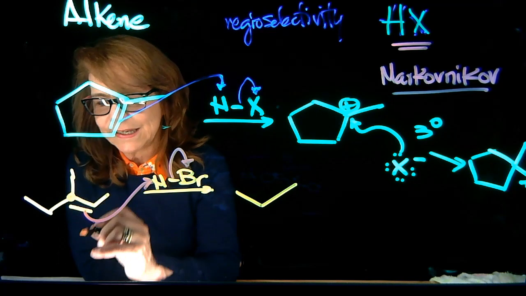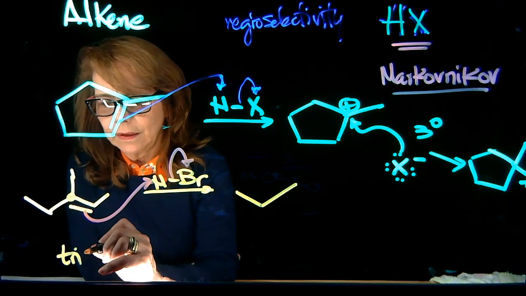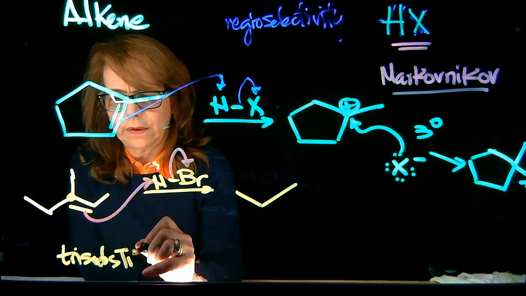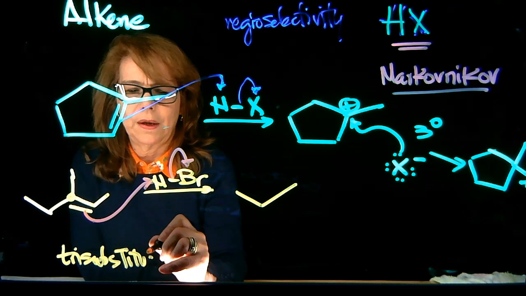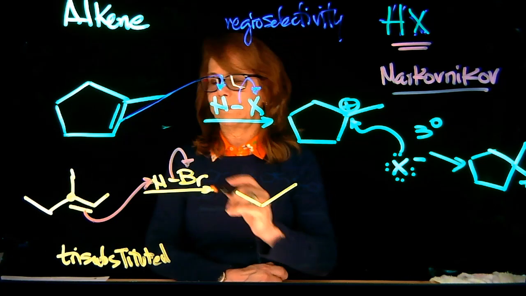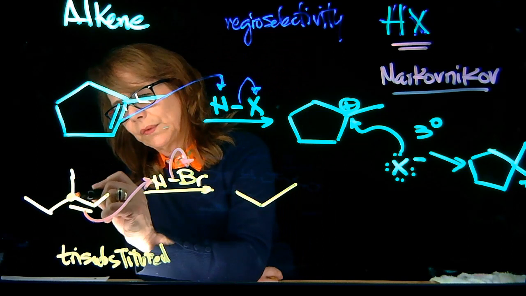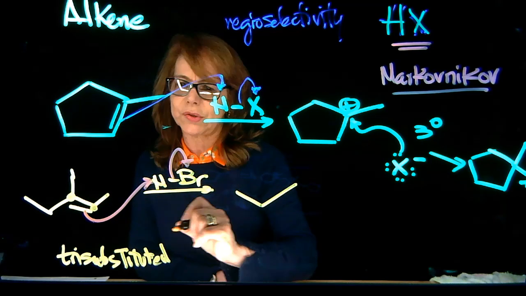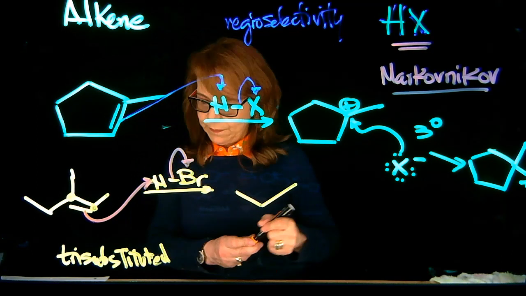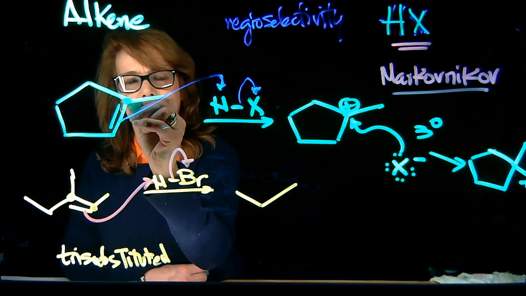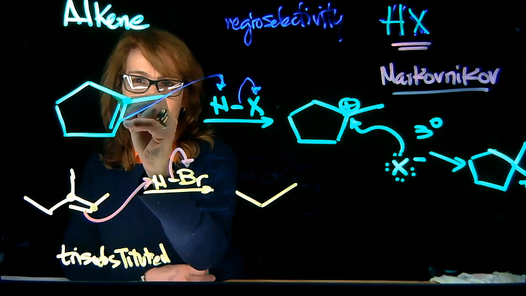This is a tri-substituted alkene, meaning that we have two substituents at this carbon and one here. The other is an H. The alkene above is, if you notice the substitution at this vinylic carbon, two substituents.